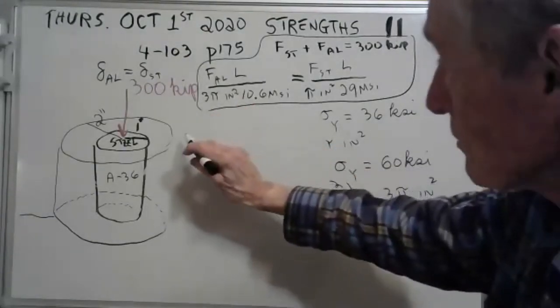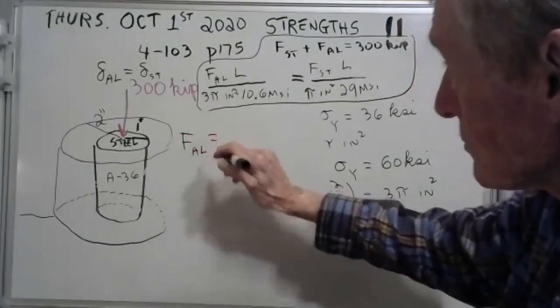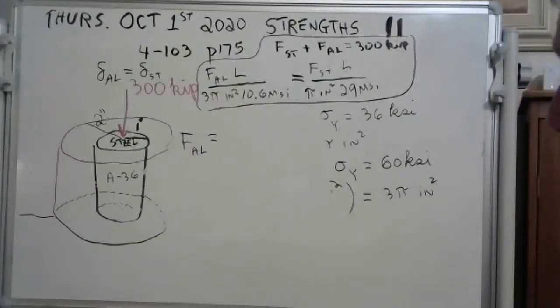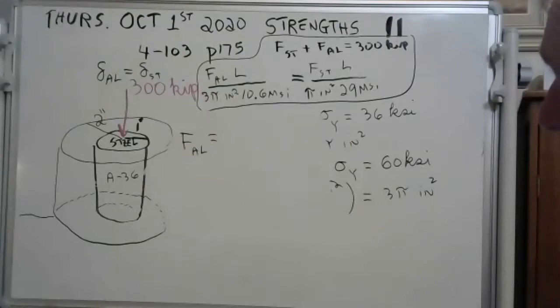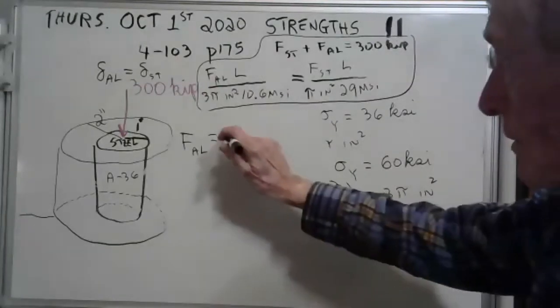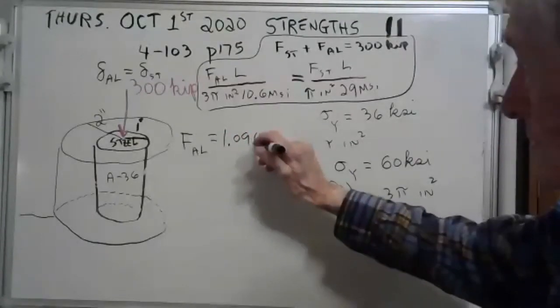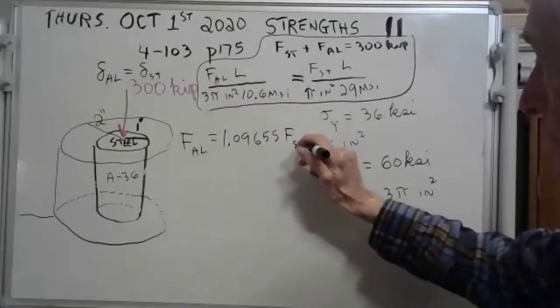What I'm going to do is I'm going to say the force of the aluminum is equal to 1.09655 times the force of the steel.